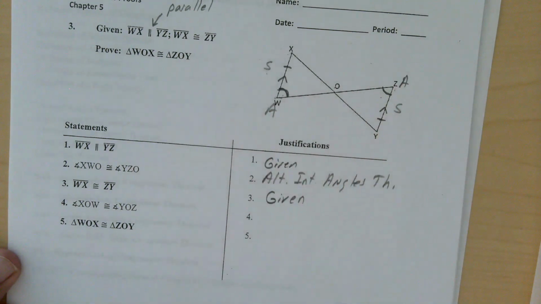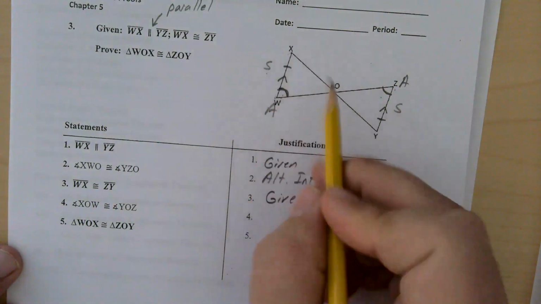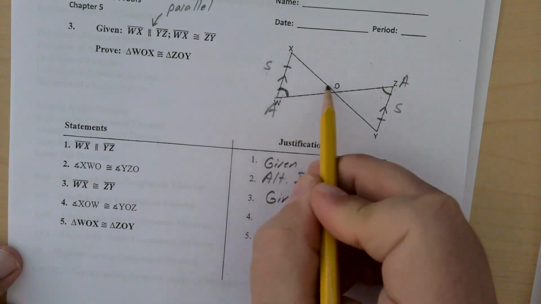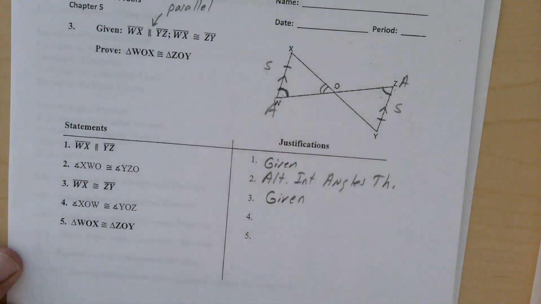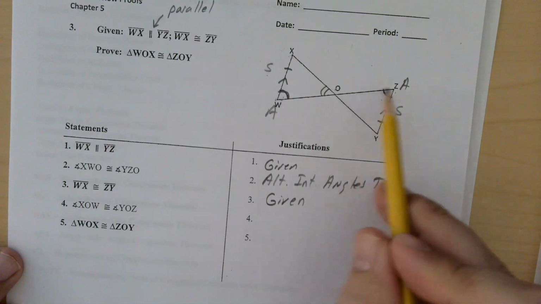Our next step is to establish that another angle must match up, and that angle is XOW. I'm going to mark this with two little slash marks. It must be the same as YOZ.